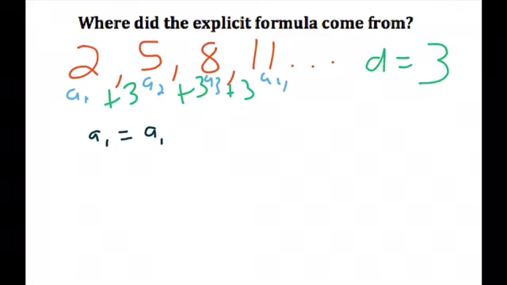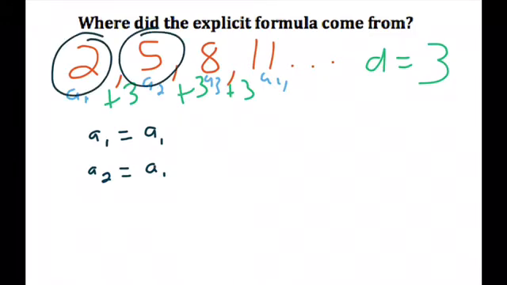Okay, now we're going to look at the next one here, which is A sub 2 equals. Well, how do I get from A sub 1 to A sub 2? So how do I get from here to here? Well, you can see I just add 3, which is D. So I'm going to add D to get there. Okay, then after that, I'm going to say, well, if I want A sub 3, how do I get from A sub 1 to A sub 3?